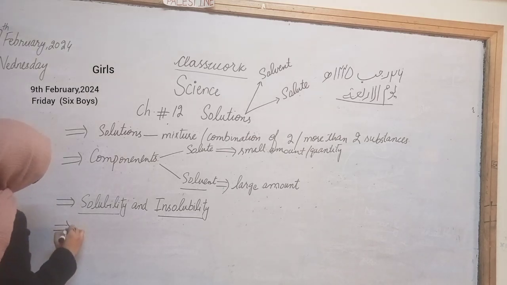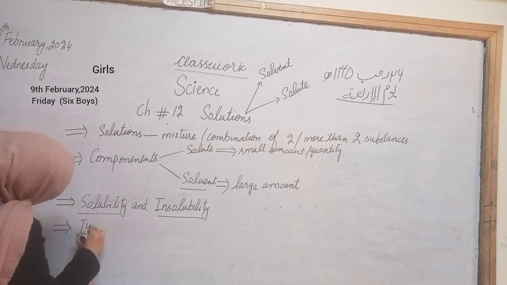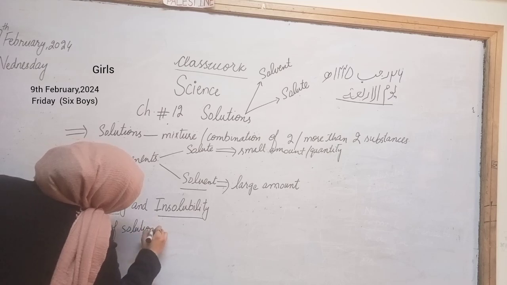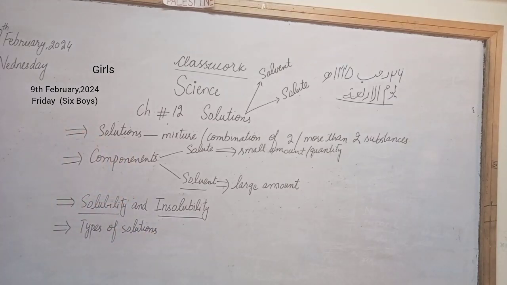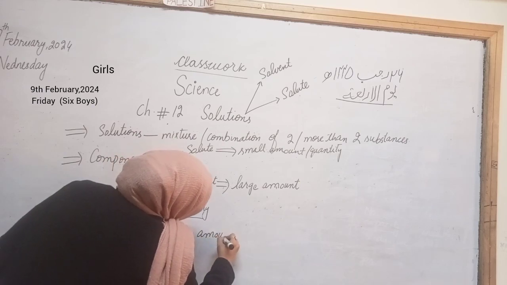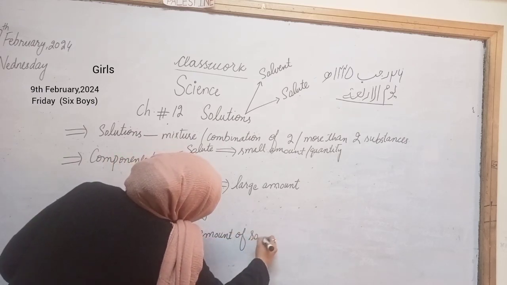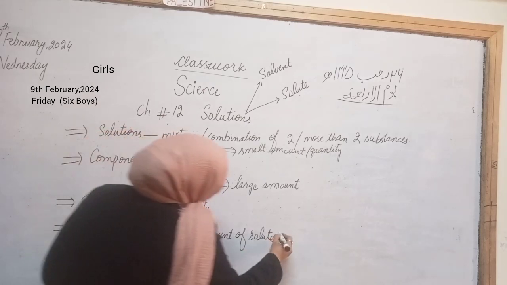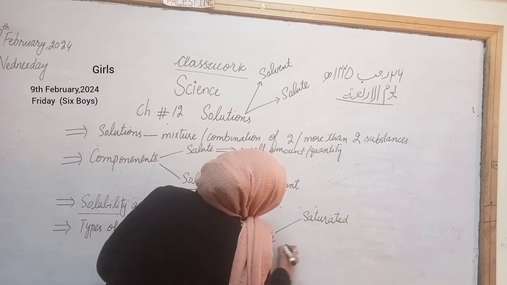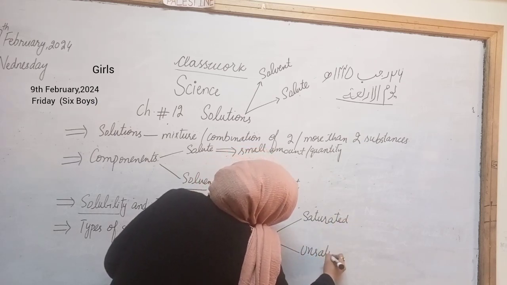And the fourth topic is all about types of solutions. On which basis? Who will tell me the basis of types of solution in this case? Yes, on the basis of amount of solute. First one type is saturated and second one unsaturated.